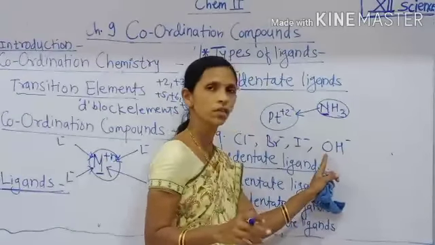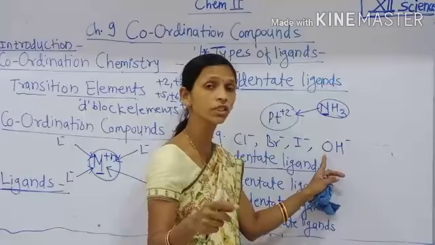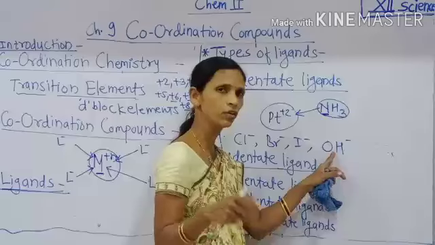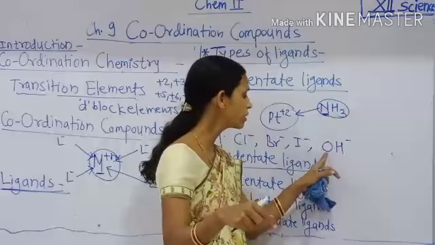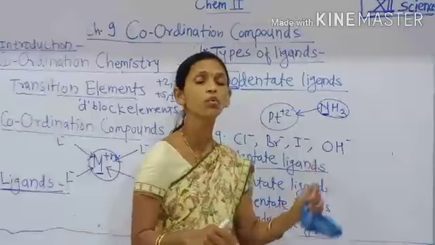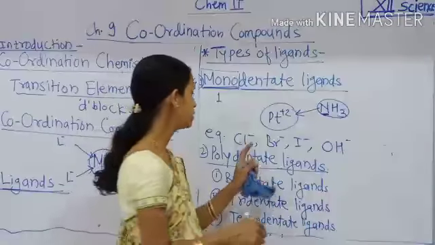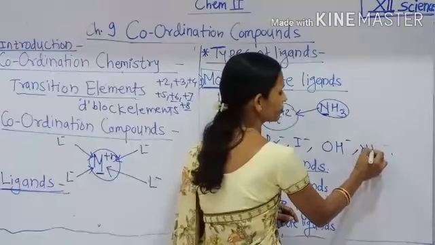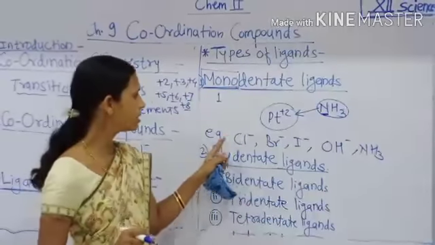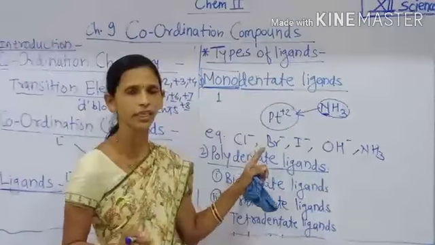Though there are two atoms, oxygen and hydrogen, the point of attachment of this ligand with the central metal ion in the complex is through the oxygen atom. Therefore, it is also a monodentate ligand, as well as NH3, and there are a lot of examples of monodentate ligands.